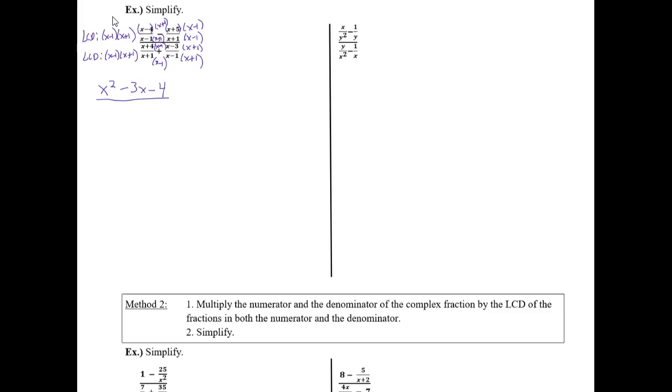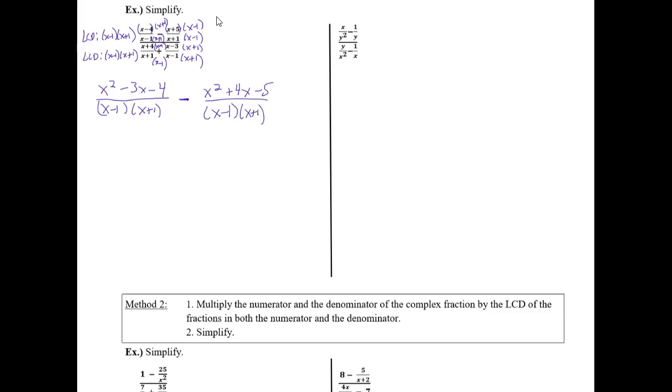Okay, so you can check that by foiling or boxing it out over the LCD. That fraction minus, now we're going to multiply x plus 5 times x minus 1. When we multiply that out, we will get x squared plus 4x minus 5 all over the LCD.